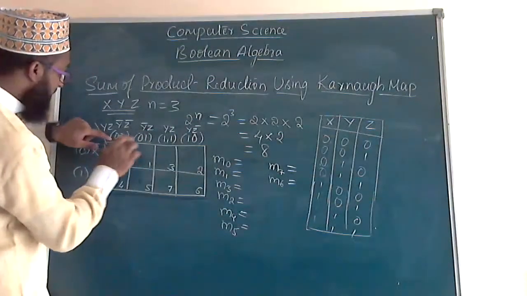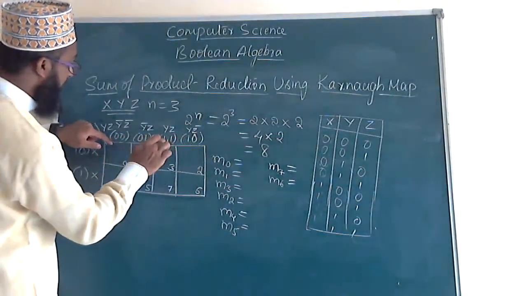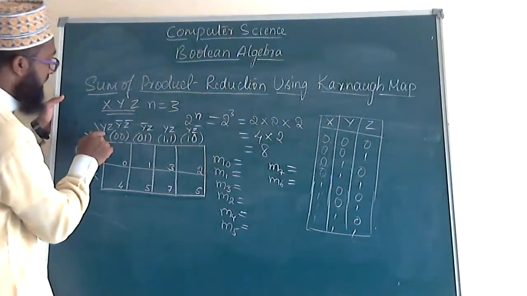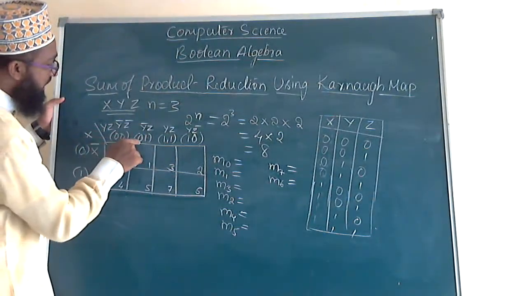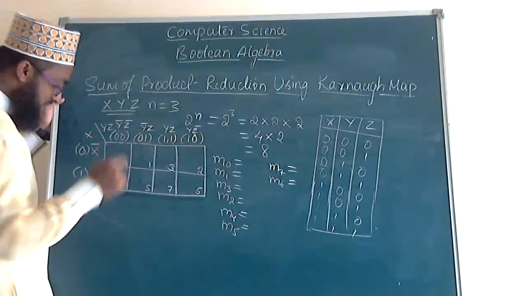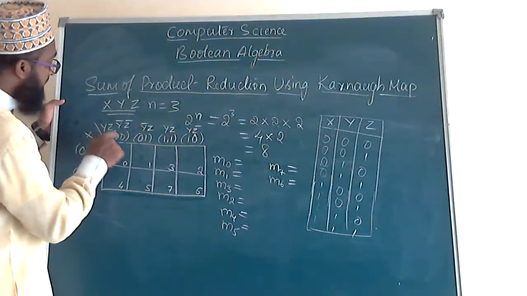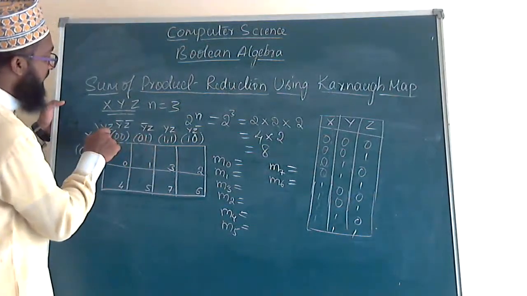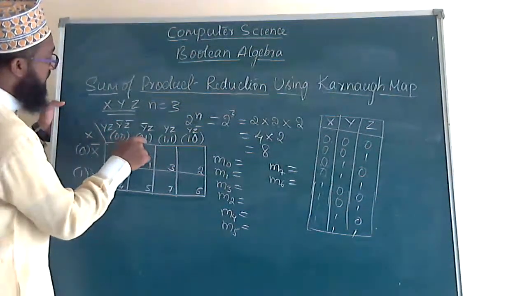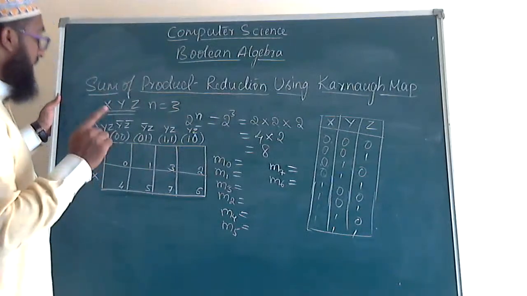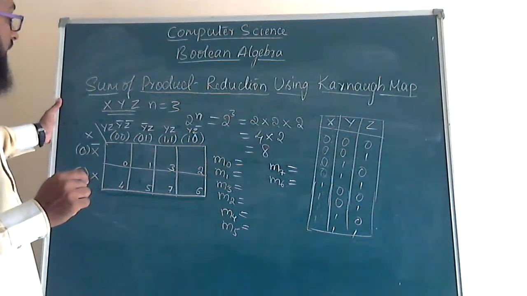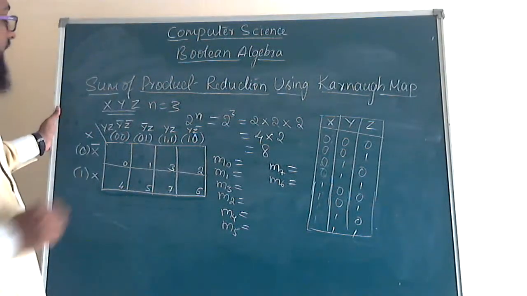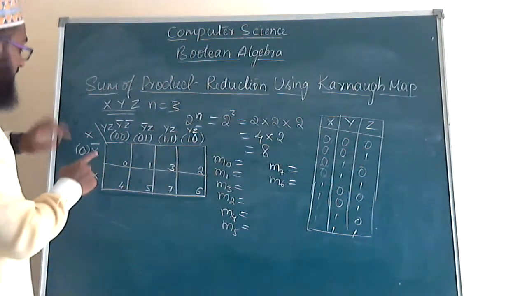This first letter of every square will represent the first letter y. Then the second letter of every square represents the second thing, z. Now give the expressions of every square here.